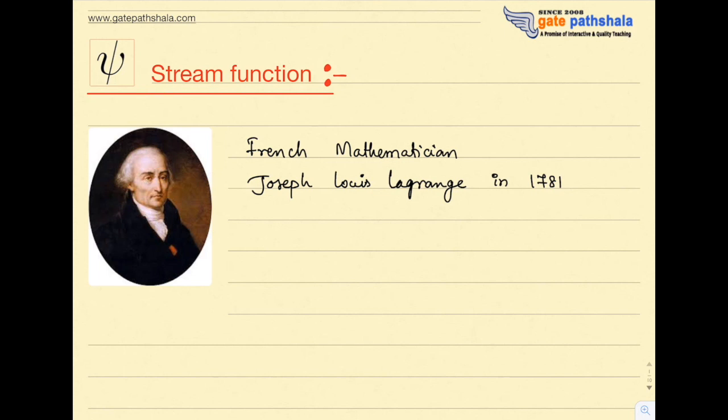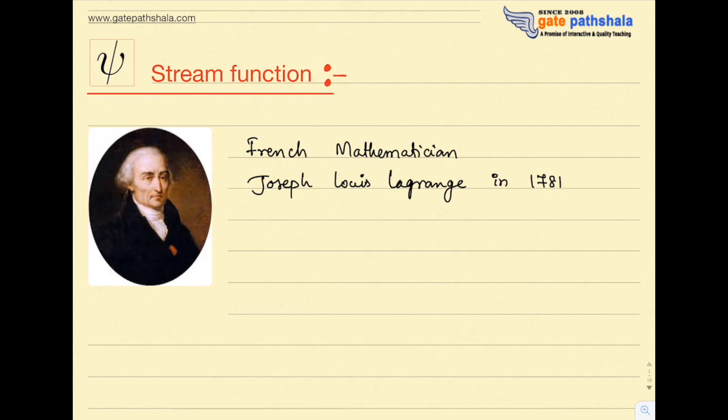So before we begin our understanding and the physics that stream function relates to, I want you to know what is continuity equation and how we are going to use it.